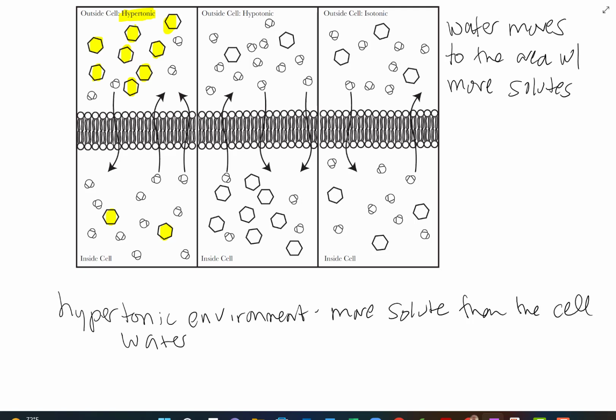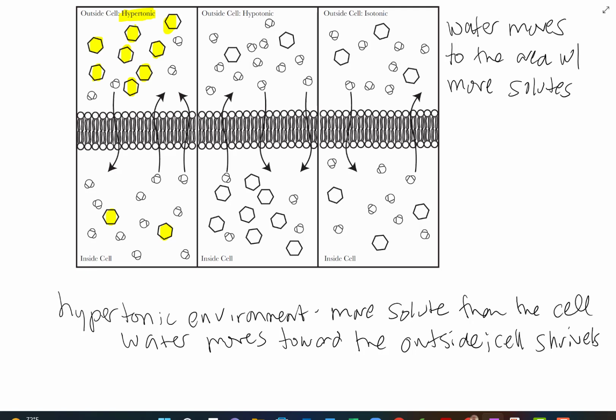Water moves toward the outside. And what happens is the cell shrivels. So this would be like one of the reasons that you shouldn't drink salt water. If you drink salt water, you can become dehydrated.